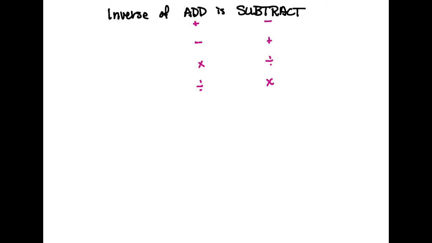Okay, but for this particular thing, the inverse of squaring something is the square root of something. Square root looks like a little check mark with a line across it.